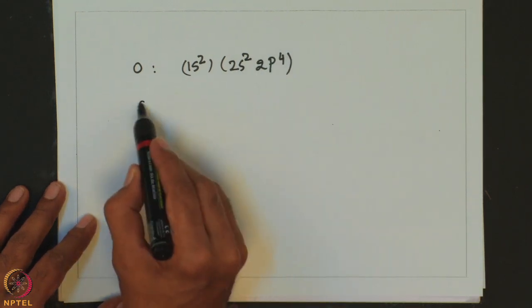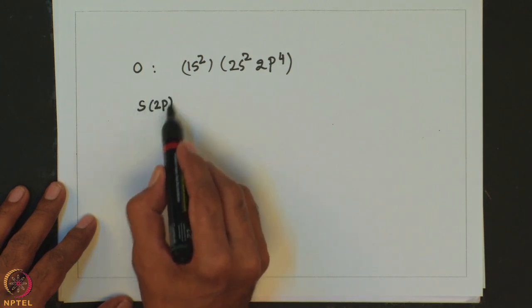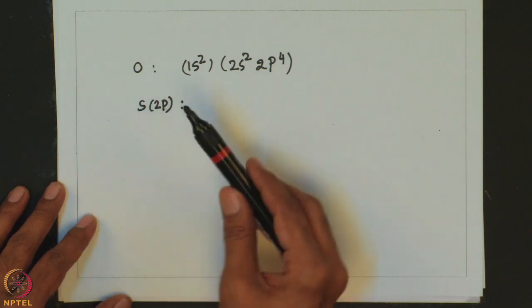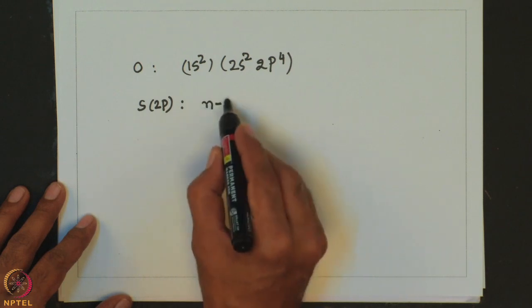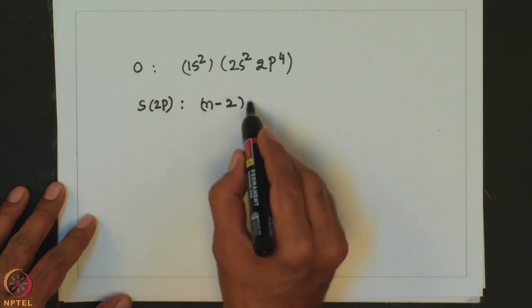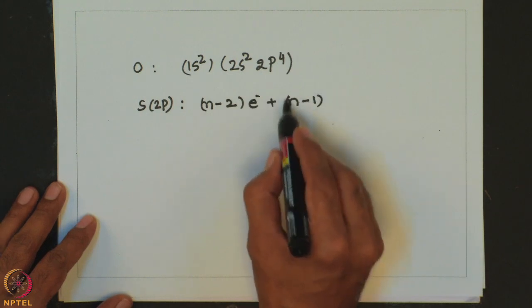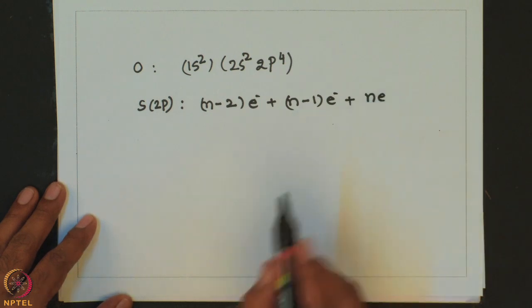So, if you use the same analogy, we are calculating the screening constant for the 2p electron. To make you familiar, I repeat again: n minus 2 electron plus n minus 1 electron plus n electrons.